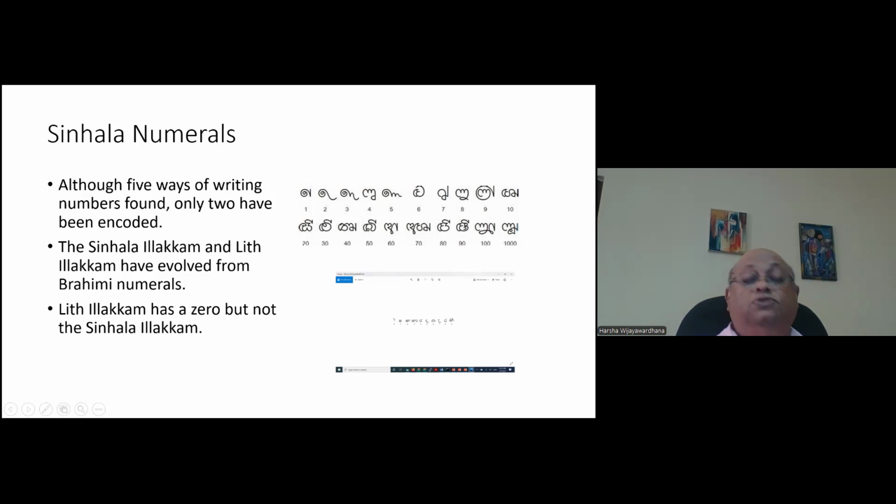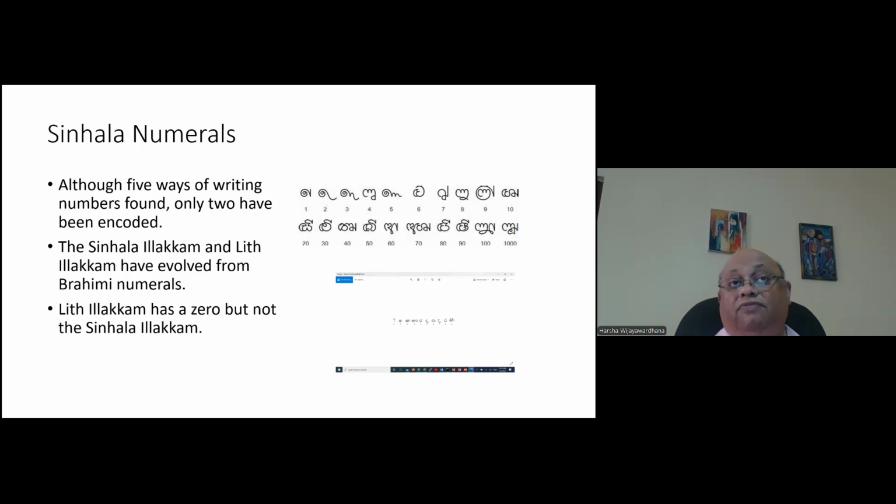Because of that, the evidence is, interestingly, that we are at the moment tracing the evolution of Sinhala numerals. And I looked at it very carefully. We found some Sinhala numerals in the 1800s, and before the 1800s also, in the Kotte period. We find them in the Polonnaruwa period.